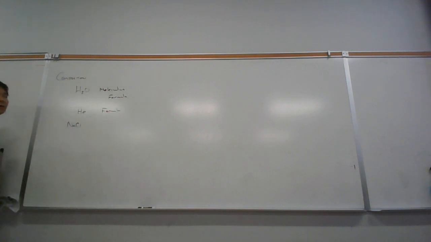Does sodium chloride form molecules? It's ionic. No, it doesn't form molecules, and so we can't call it a molecular formula. Molecular formula would be incorrect for sodium chloride. Instead, what should we call it? Empirical. It would be an empirical formula.